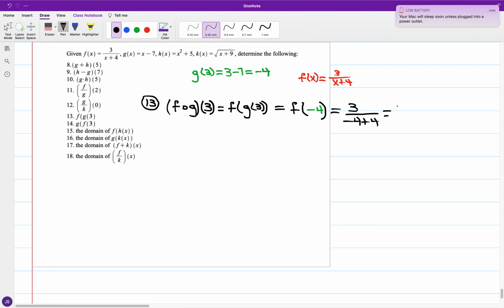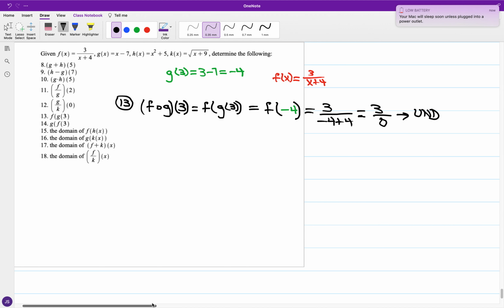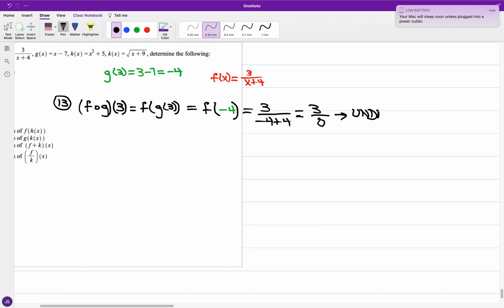And negative 4 plus 4 is 0, and we have a 0 denominator. So the ratio is going to be undefined. There's no solution for 13. It ends up as an undefined value.